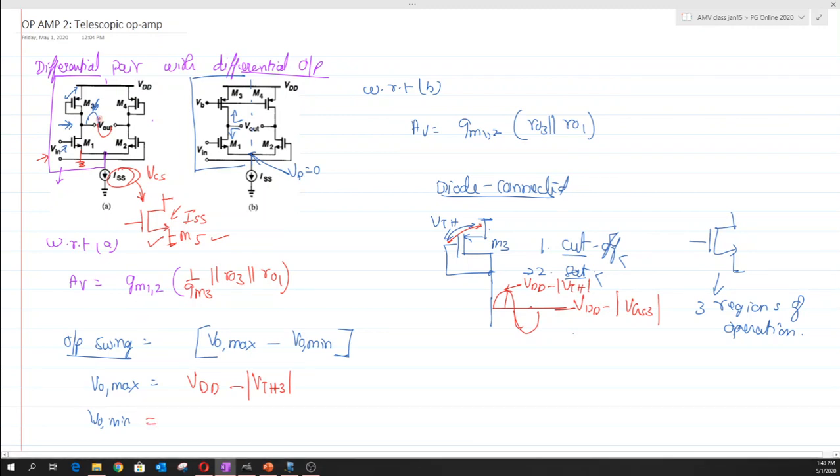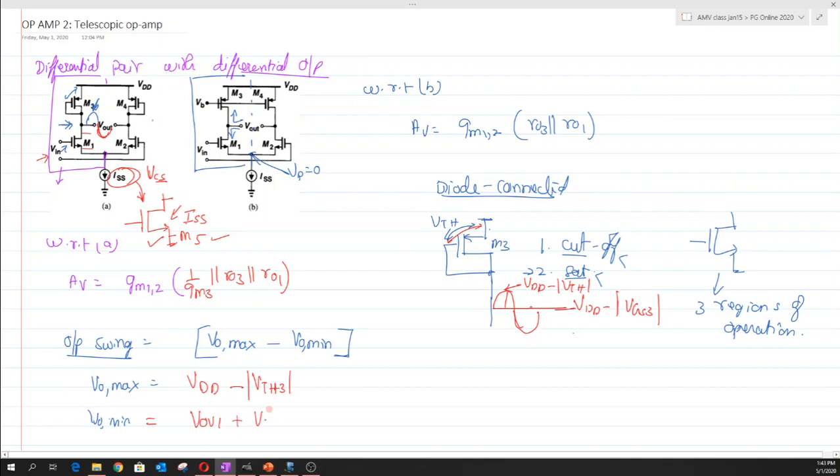Now, whenever we try to have a lower swing across this output node, obviously there is a minimum voltage drop that we have to maintain across the drain and the source of this M1. That voltage drop is nothing but our VOV. So basically it is VOV1 that has to be maintained, plus the minimum voltage drop that has to be maintained across this current source, which is labeled as VCS.